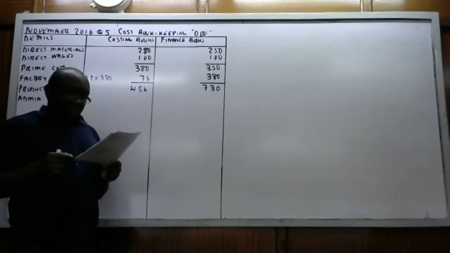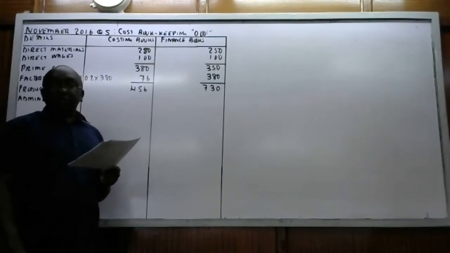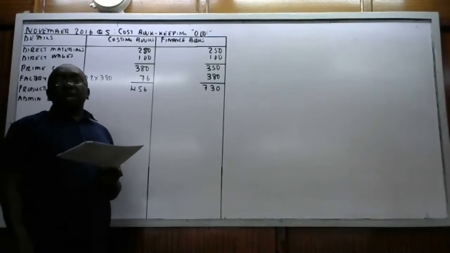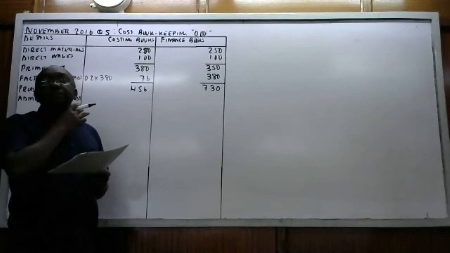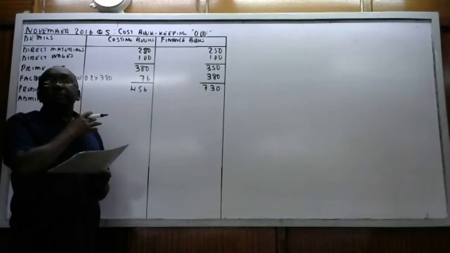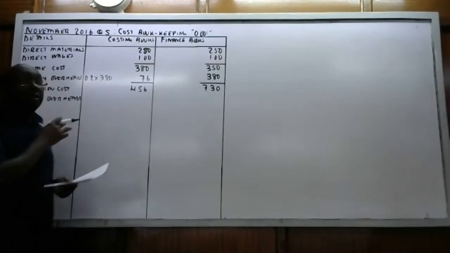And the finished goods closing stock is how many units? 40 units. So if we sold 120 and have 40 left, that tells you we produced 160.